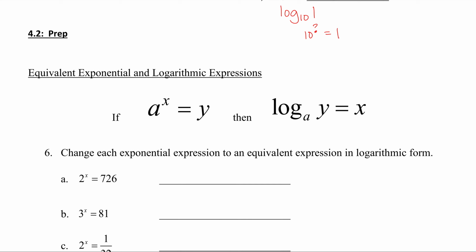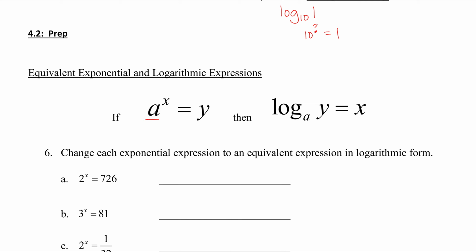All right, guys, so now we're going to move on to the connection between exponential and logarithmic expressions. So they give you, if a to the x is equal to y, then log base a of y is equal to x. This just means that these parts are interchangeable.